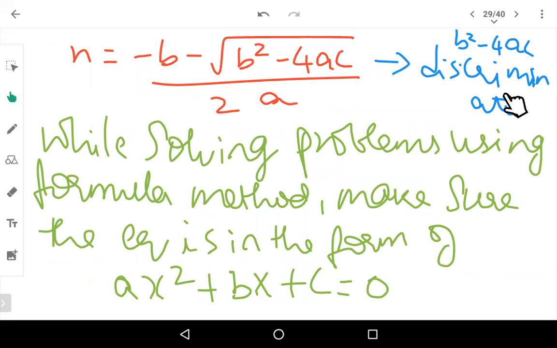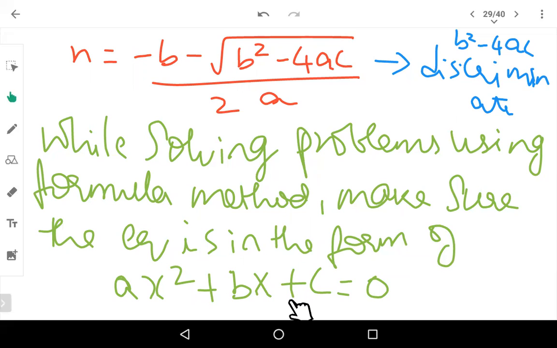The only condition you have to keep in mind is that whenever you solve any problem under formula method, make sure it is in this format: ax square plus bx plus c is equal to 0. Here signs may change, minus b, minus c, plus b, minus c, all those signs may change.